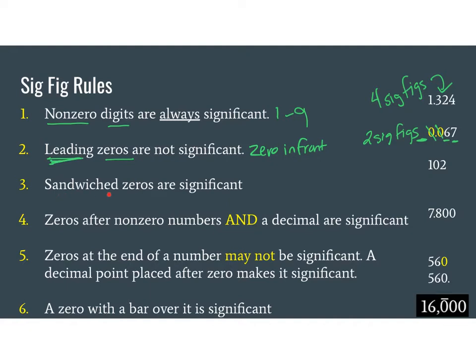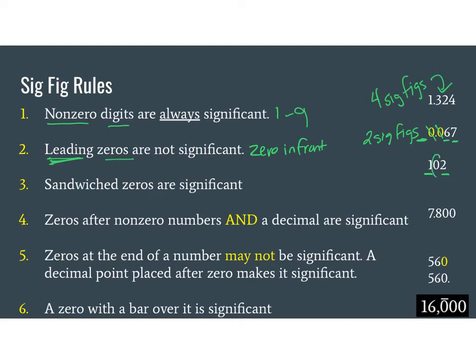Next up, we have sandwich zeros are significant. A sandwich zero is exactly what it sounds like, when we sandwich a zero between other significant numbers. From this number, 102, we know that non-zero digits are always significant. So the 1 is significant and the 2 is significant because they are non-zero.